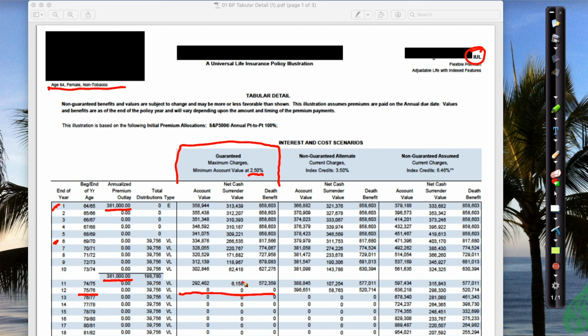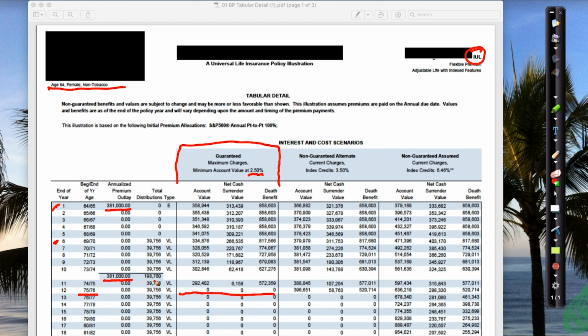And she's not going to get all of that. In fact, she may get none of that, but let's just throw it in there for good measure. So we'll say $246,000 she's been able to distribute from this policy and have come back in as supplemental income. So let's do the math on that.